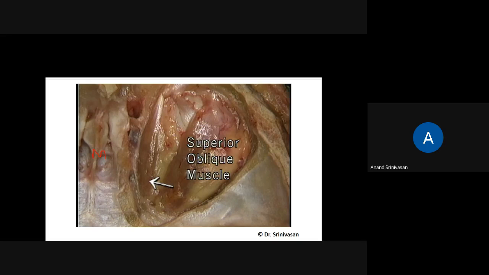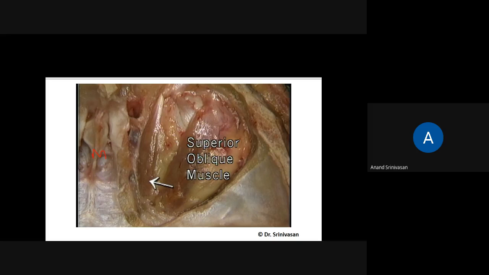How do you know that there are stairs? You will look downwards and medially, that is, looking towards your nose. That's the action of the superior oblique.